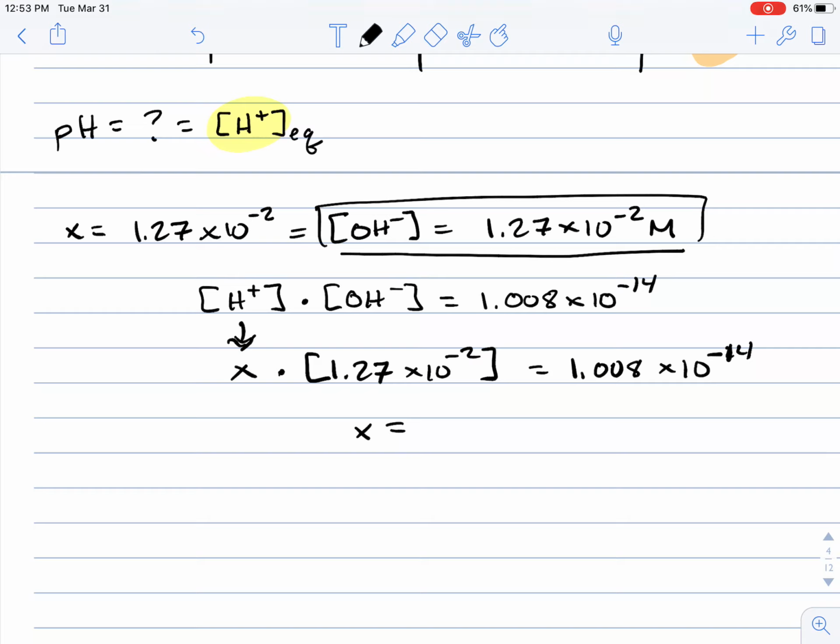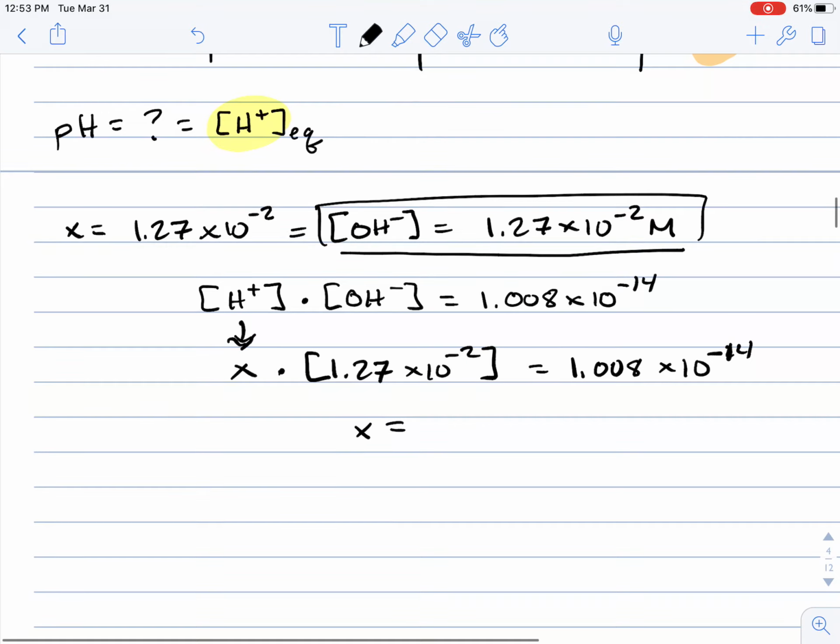So here in this case, the concentration of H+ is going to be 7.94, so I'm rounding it to 3 sig figs, times 10 to the negative 13. And now that we have the concentration of H+, we can take the negative log of this number to get the pH.